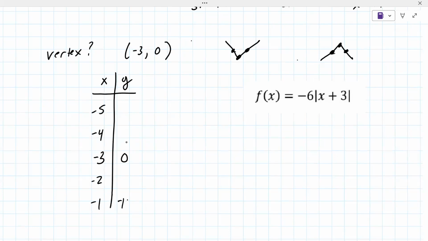Okay, I agree. And that should be the same for -5 by symmetry. It'd be -6 for -2, and then -6 for -4 because of symmetry.